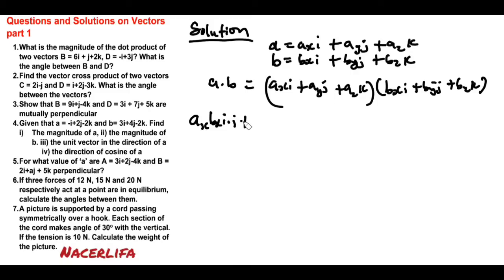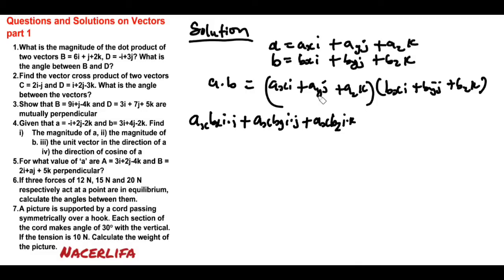Plus AX BY i dot what? j. Then plus AX times BZ, i dot k.